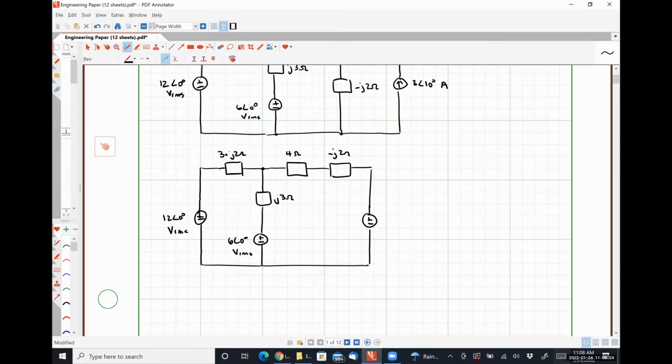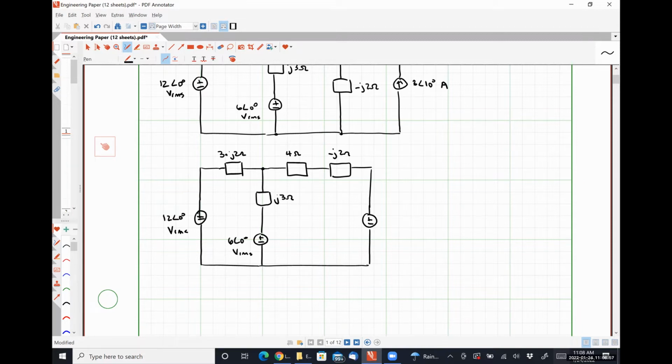So multiplying 3 angle 10 by negative J2 is 100% correct, okay? Negative J2 is the same as 2 angle negative 90 degrees expressed in polar form, right? So if we multiply 2 angle negative 90 times 3 angle positive 10, we get 6 angle negative 80. Because when we multiply two polar form complex numbers, we can simply multiply the magnitudes and add the phase angles.